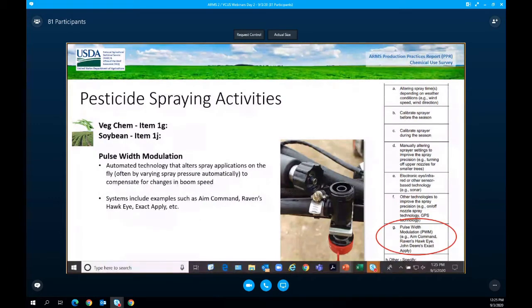And this can oftentimes be done by varying pressure on the fly via a computer system. There are some examples including AimCommand, Hawkeye, Exact Apply. There again, some growers may have never heard of this, and that's fine. But for growers who are using it, it's definitely good for us to understand it and get a sense of who's using it.